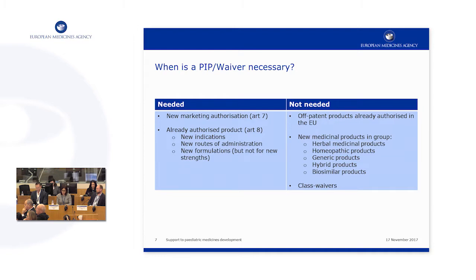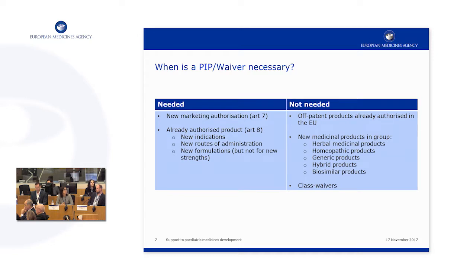Let's have a look now at when it's necessary to submit a PIP or a waiver application. On the left-hand side, you see that a PIP is needed for unauthorized products when requesting a marketing authorization as per Article 7, and also for already authorized products under Article 8 when seeking new indications, new routes of administration, or new formulations, although not for new strengths.